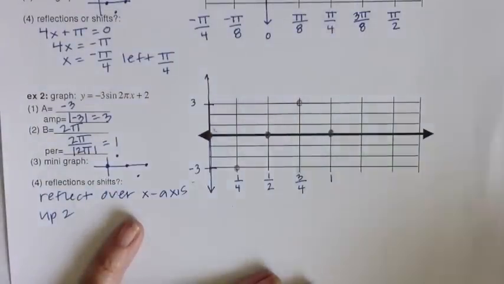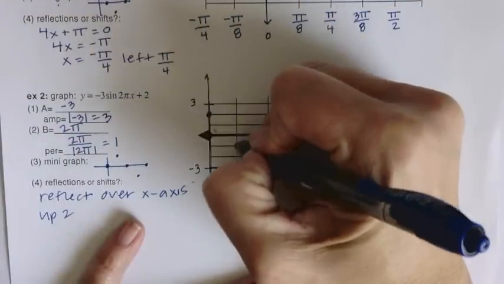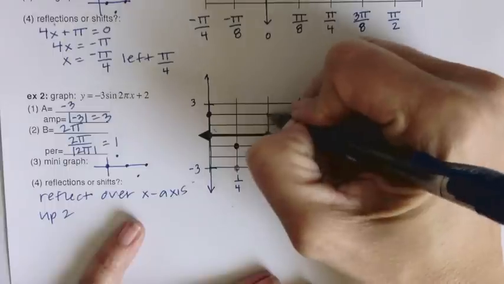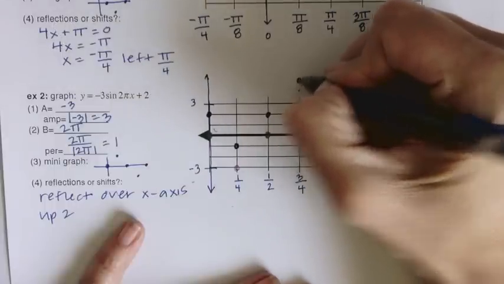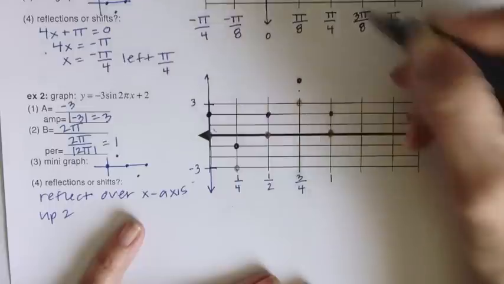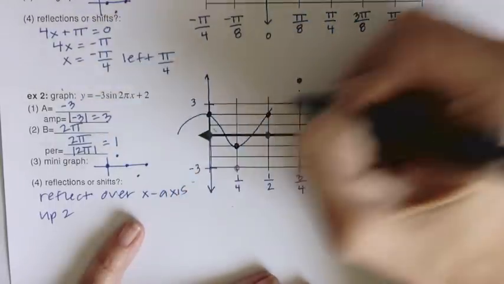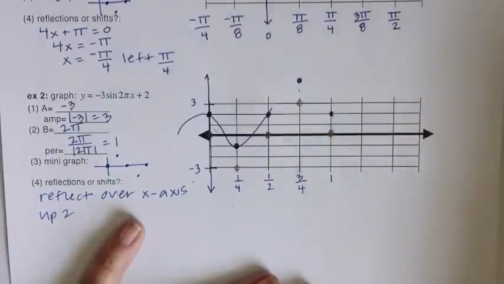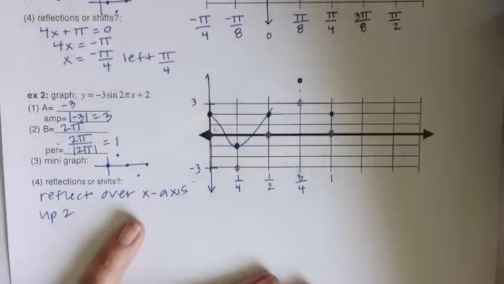And then now I have to move everything up 2. And this guy is going to go up 1, 2. So it's going to be up at 5. And so what this graph will look like, wow, that really doesn't come in that way, does it? I'm being silly. Take that off of there.